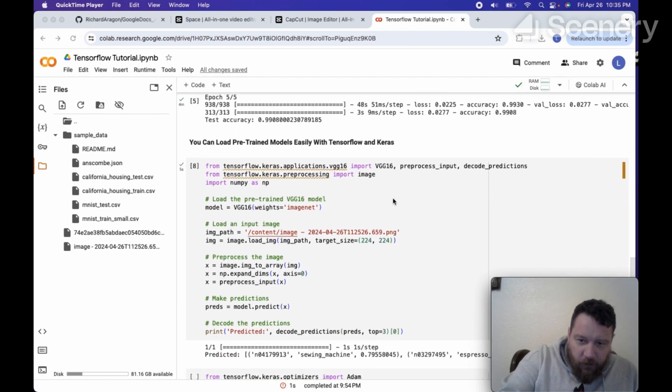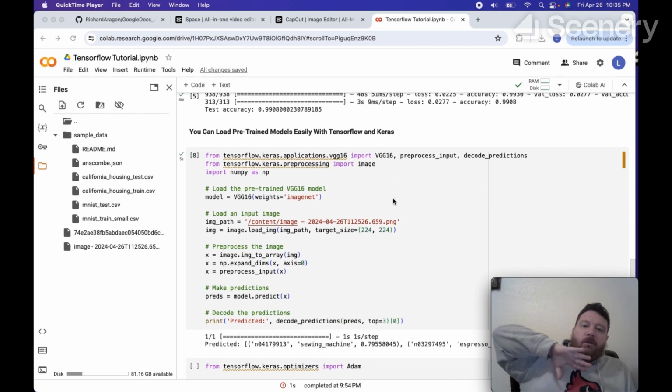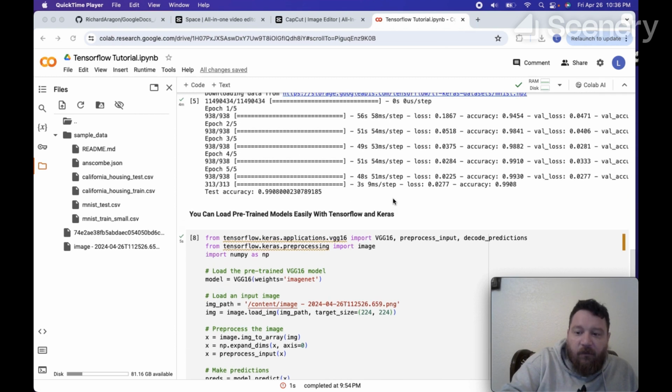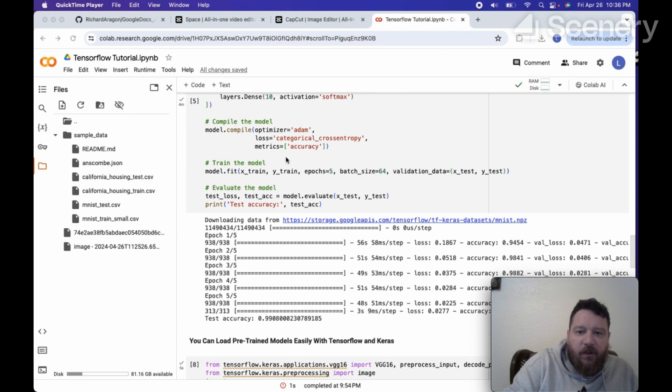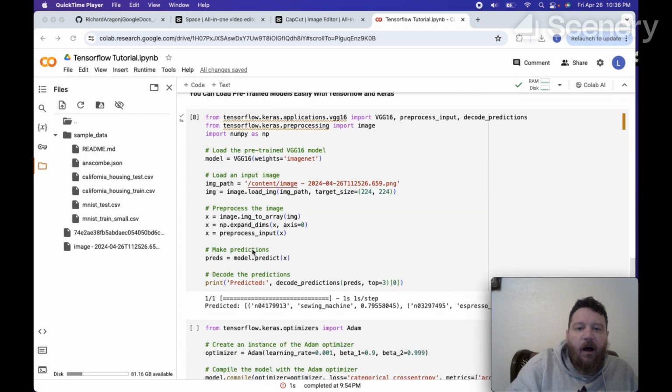And not only can you load a model, train it, and then do whatever you want with the model, you can flat out load in pre-trained models with TensorFlow and Keras. And that's a major benefit, right? So in this first instance here, we're loading in the full model, and then I'm training it here.